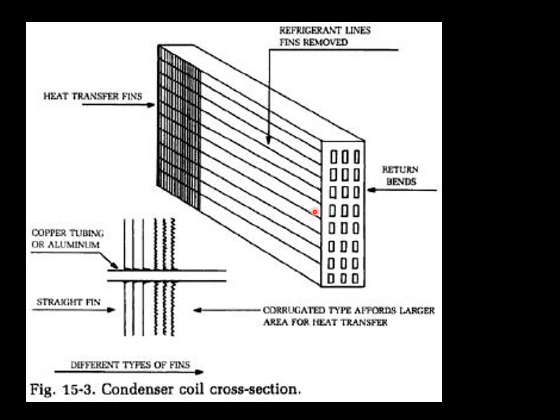This is the refrigerant line. Fins have been removed here, but this is the end view of the cooling coil, and this is the cooling tube, and this is the increased area here.